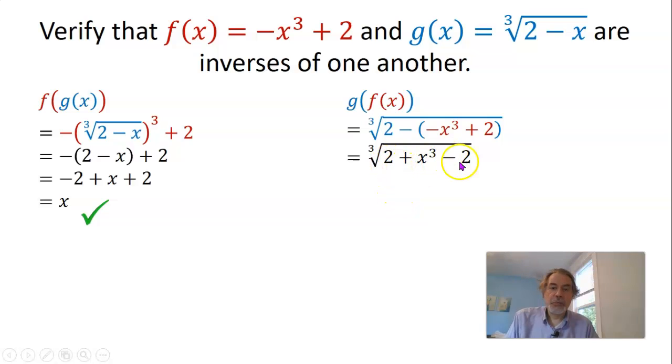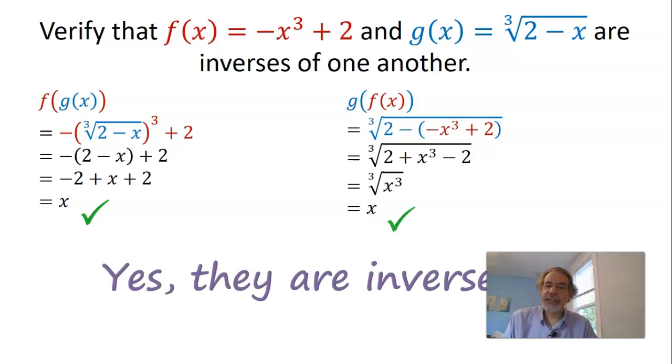Well, this 2 minus this 2 cancels out, so it's just the cube root of x cubed. But the cube root undoes the cubing, and that's just x. So that checks out. So yes, they are inverses of one another. They pass the test.